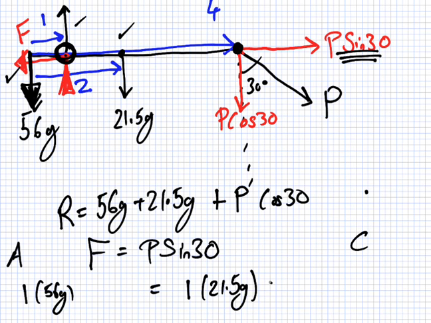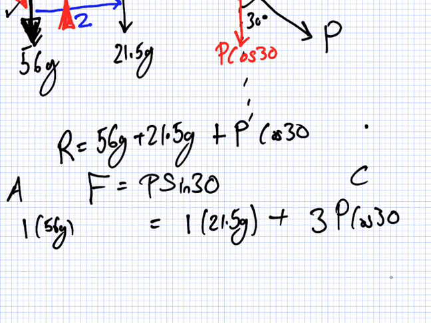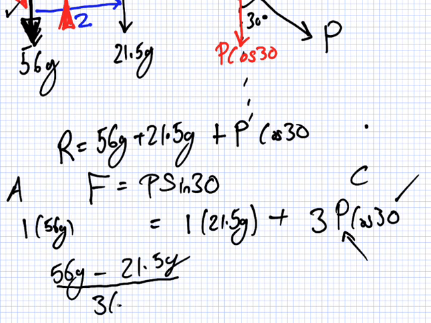Okay, so plus, and the distance would be 3 meters. 3P cos 30. Now this is really, really good because I can get the P now. I have 56G minus 21.5G divided by 3 cos 30. That equals the P. Okay, what's that on the calculator?